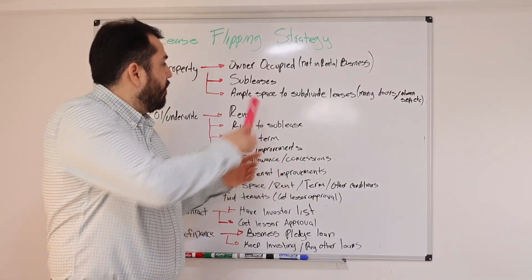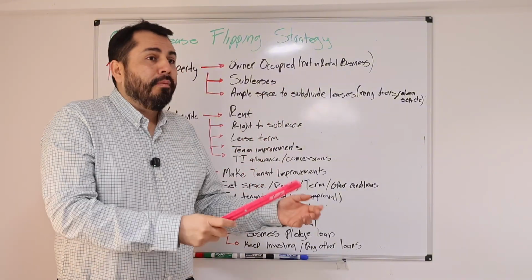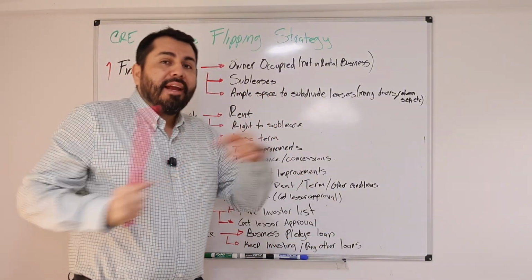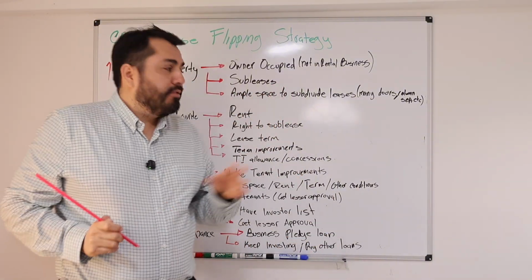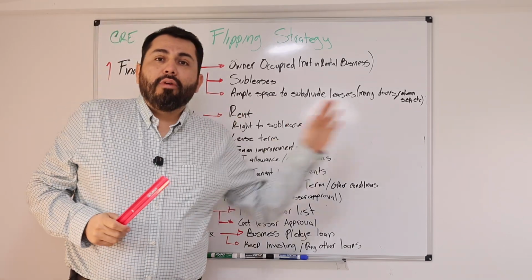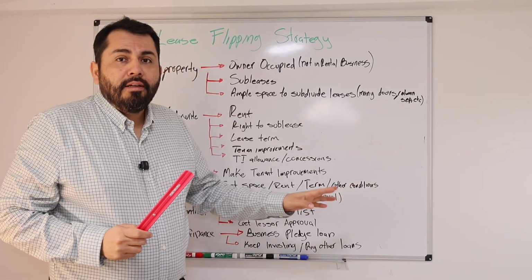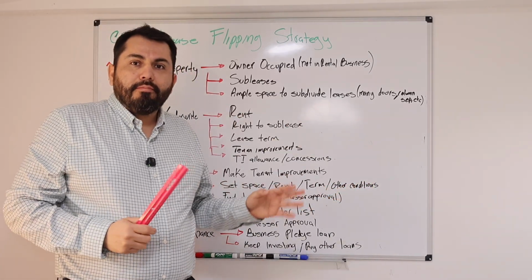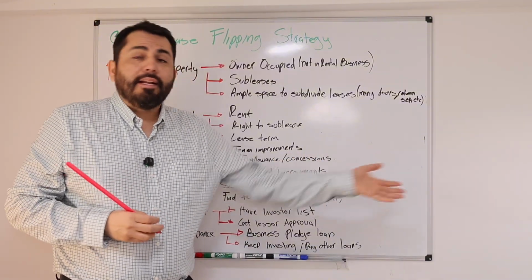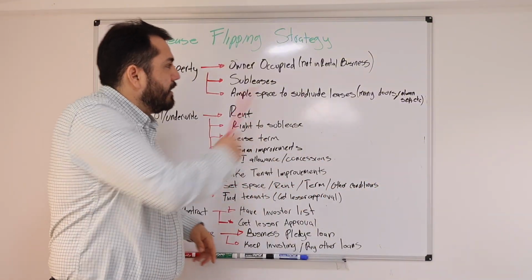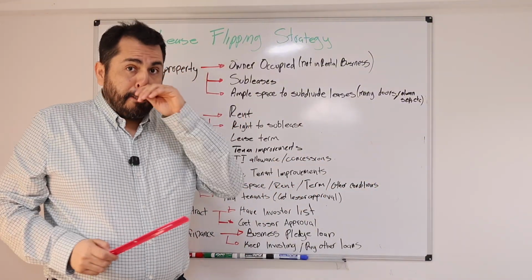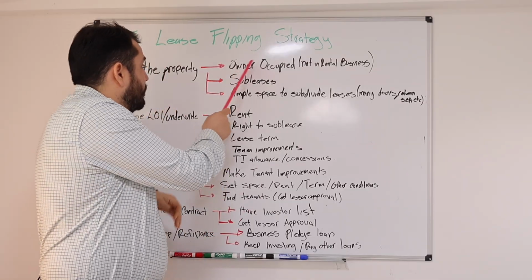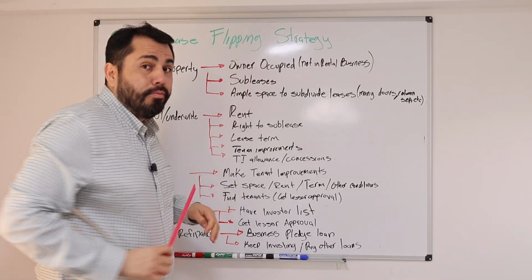But they only want to recoup the money they are paying for the lease. For example, if they are paying $12 per square foot, they only want to recoup that money. Maybe they will accept 10 because they are not in the rental business. So I usually filter owner-occupied or subleases.